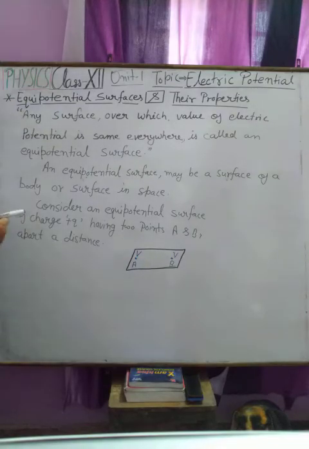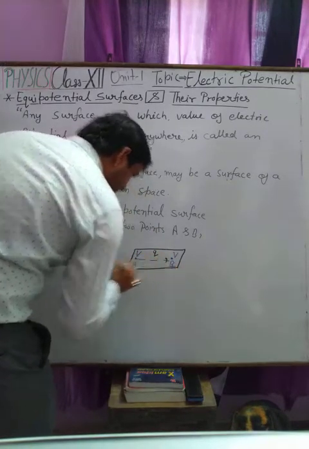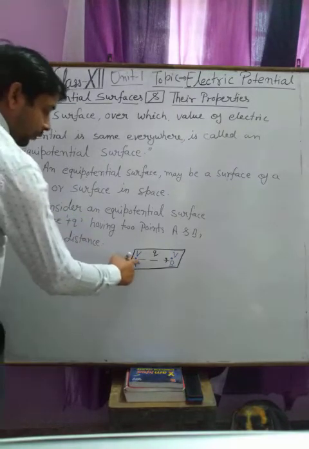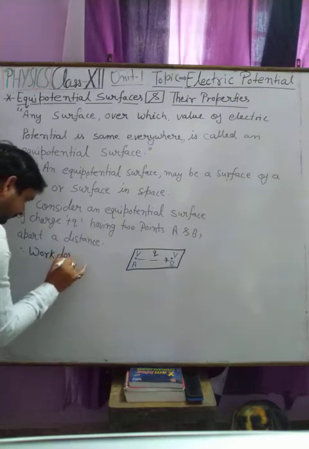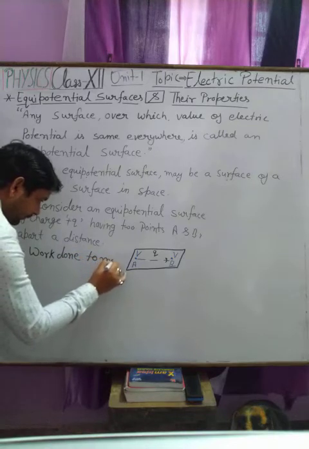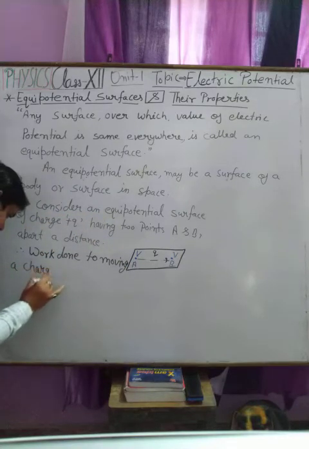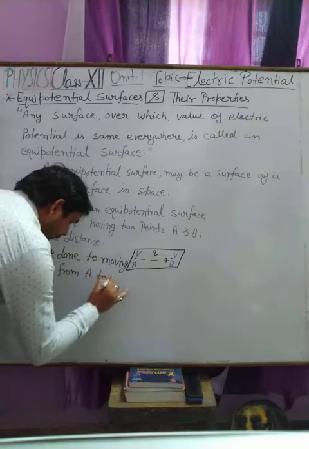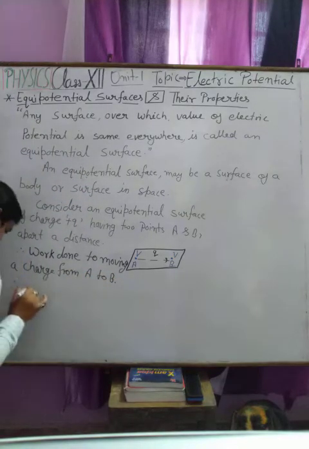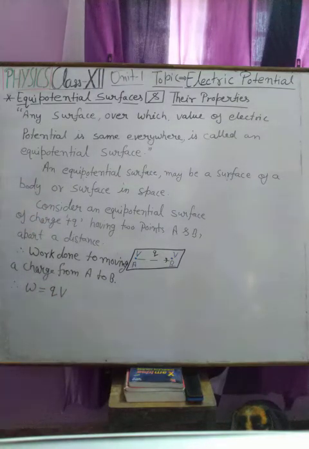Therefore, the work done in moving a charge q from point A to B is W equal to Q dV as per the potential definition.